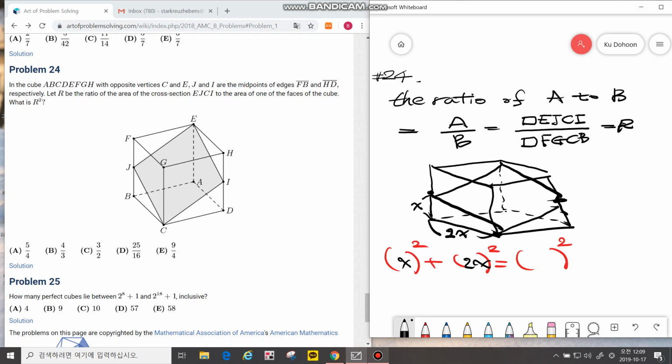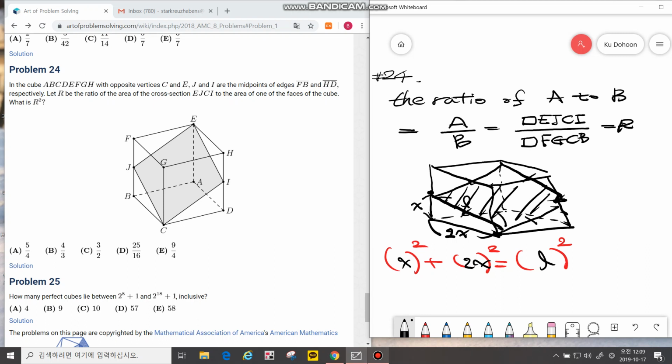Let's put this as L, and this is L. The area of this, as you see, is also a square, because all four sides have the same length.